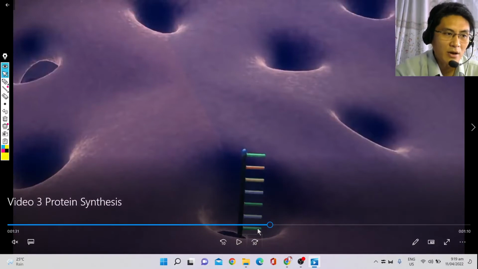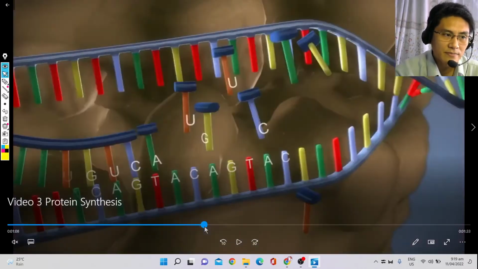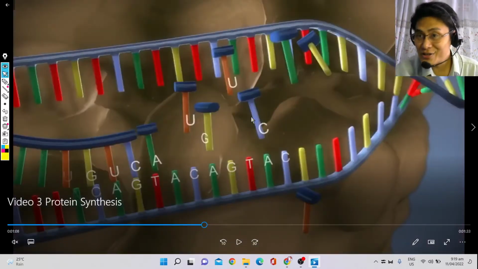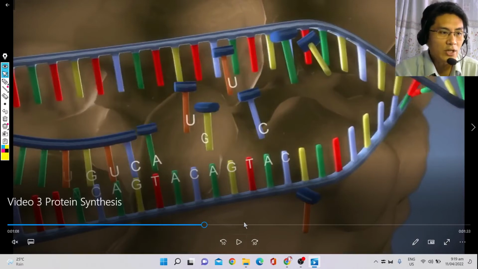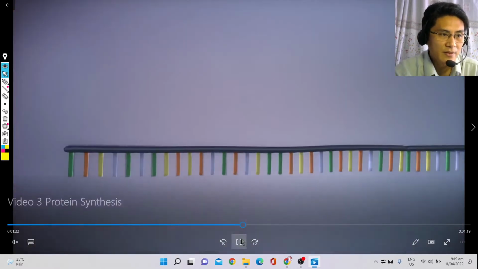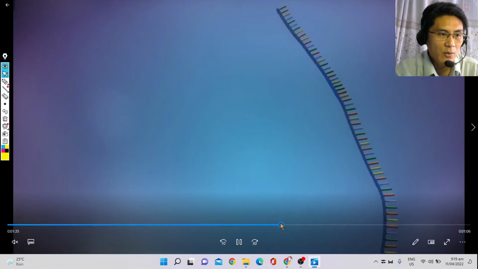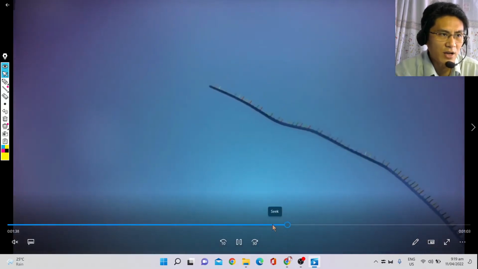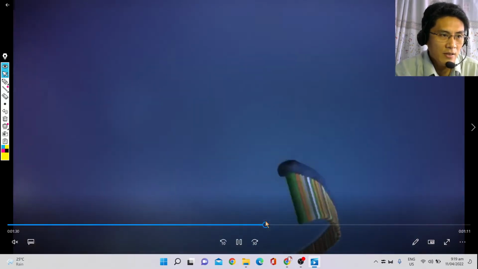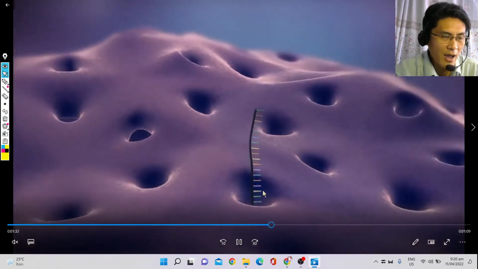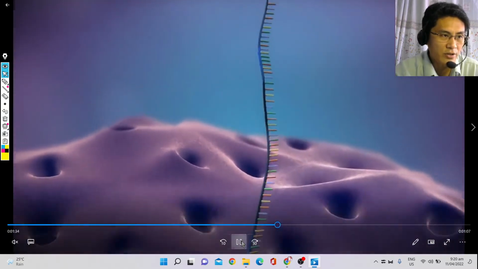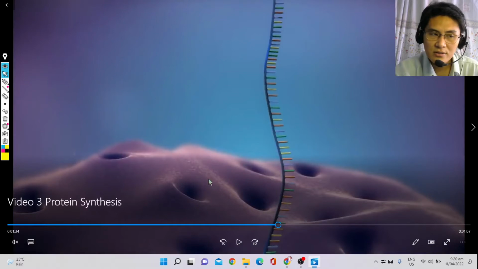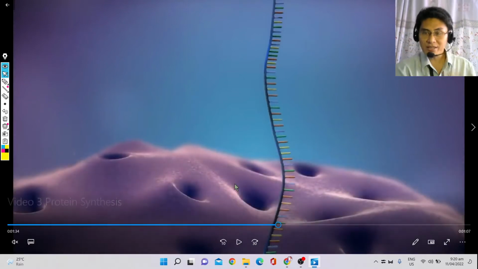Why? Because think about it. The DNA is inside the nucleus, right? So what you do is you copy that DNA. Then after you have copied the DNA into an RNA, the mRNA comes out of the nucleus. You see, that's the nucleus. So the books, the DNA, are only stored in the nucleus.